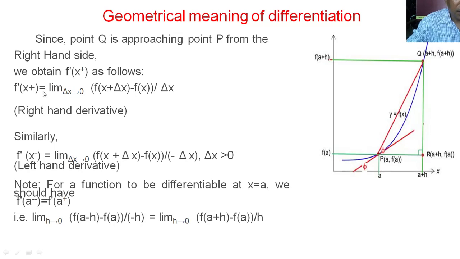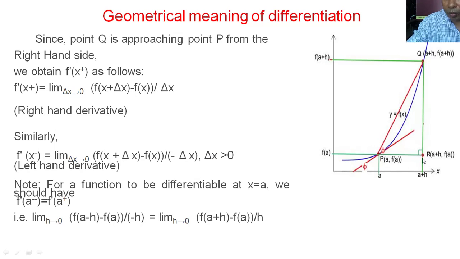That means limit delta x tends to 0, f of x plus delta x minus f x by delta x, which is the right hand derivative, must be equal to f of x plus delta x minus f x divided by minus delta x, where delta x is a positive quantity. And in place of this delta x, we can also take h.